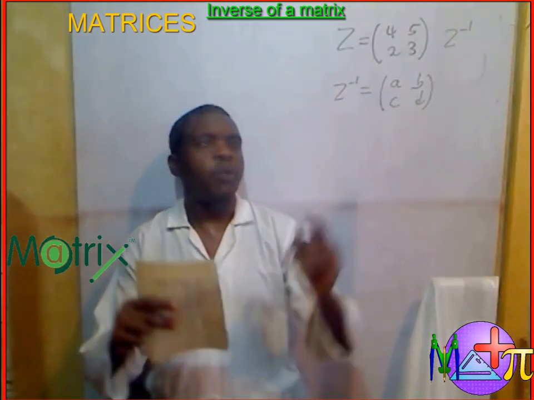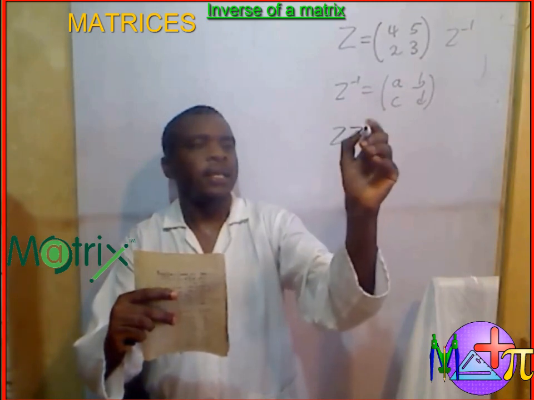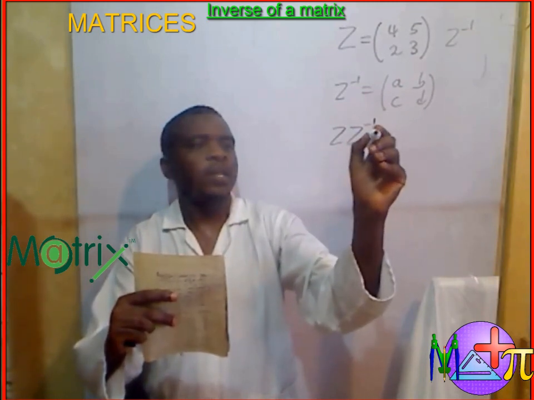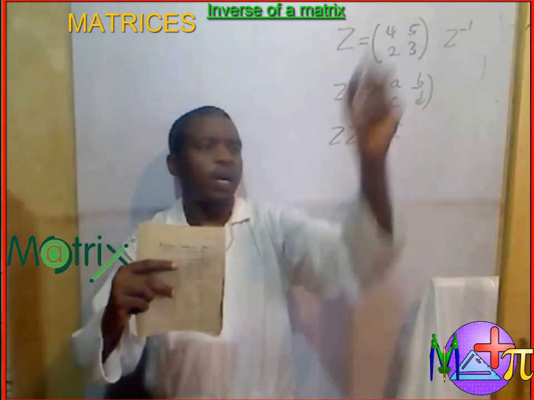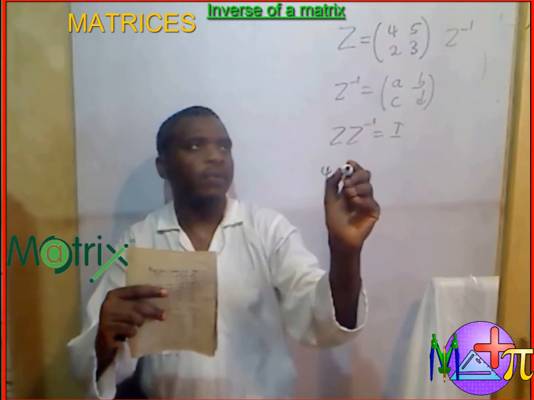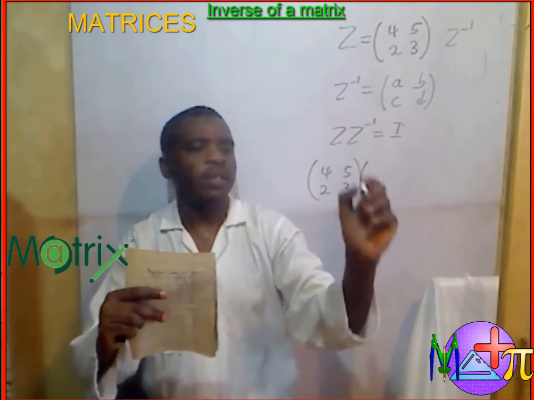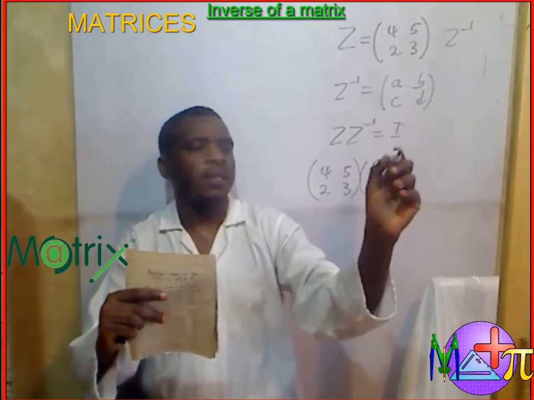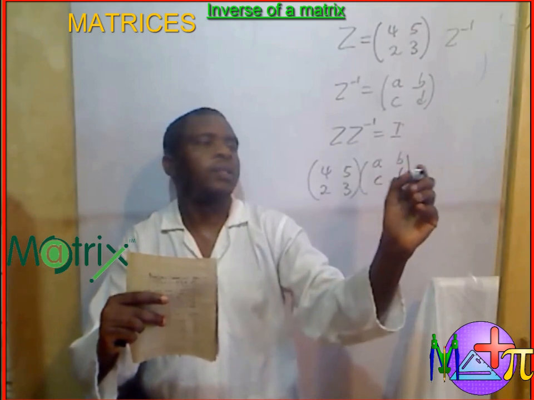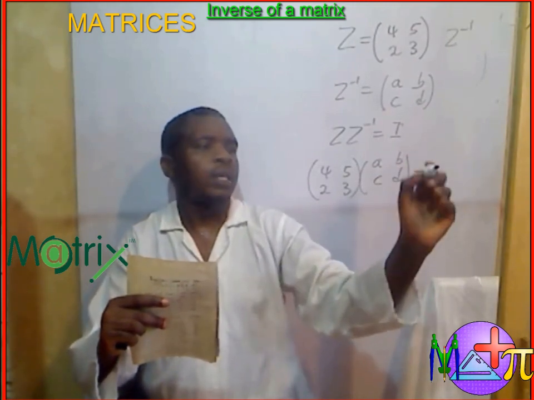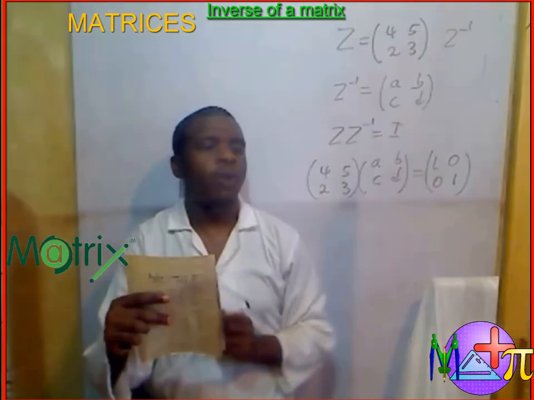We know that when we multiply the matrix Z by Z inverse, it will give us the identity matrix. So let's write this out. This is 4, 5, 2, 3 multiplies the matrix Z inverse, which has elements A, B, C, and D, which will give us the identity matrix 1, 0, 0, 1.